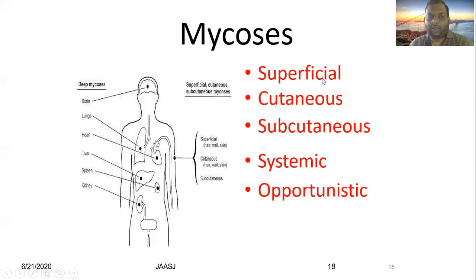So when you recall: superficial, cutaneous, subcutaneous, systemic, opportunistic also. Here subcutaneous is also included. Deep mycosis means they involve tissues like brain, lungs, heart, liver, likewise.